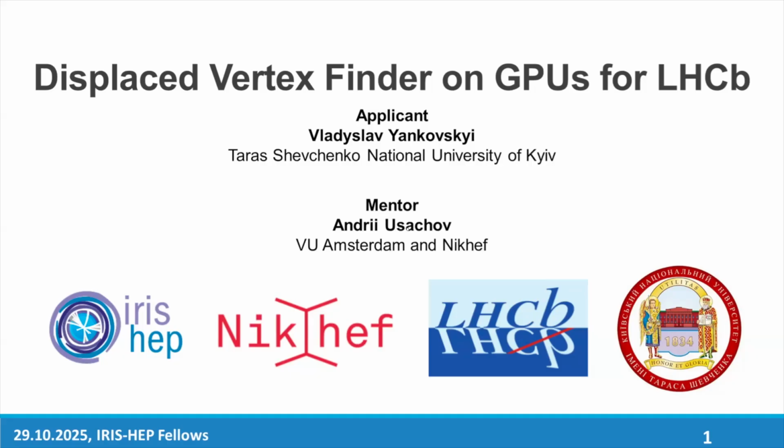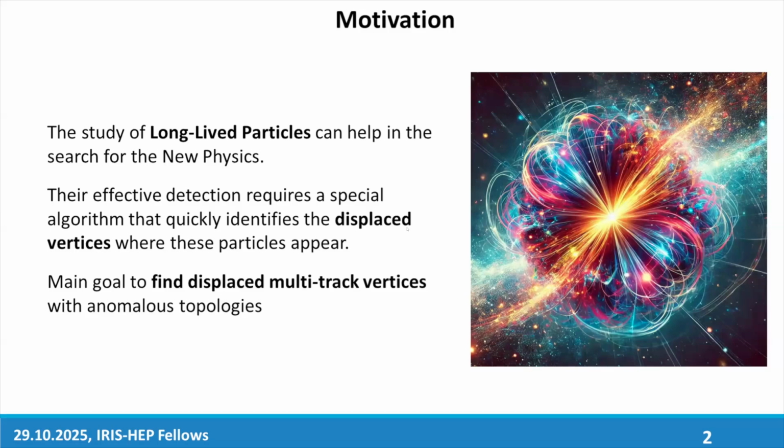Okay, so first of all, we talk about the motivation, why we do what we do. For now, we can say that there are a lot of new physics scenarios which posit the existence of new so-called long-lived particles that could help explain some puzzles in physics, for example, the origin of dark matter.